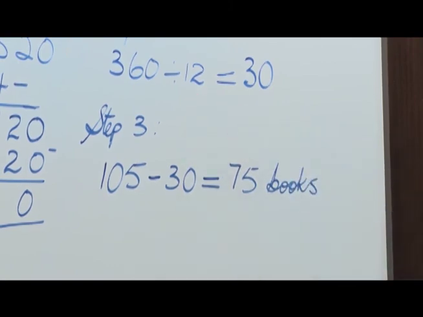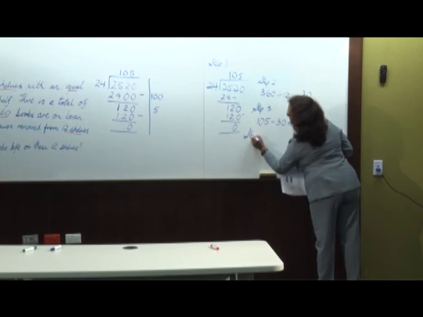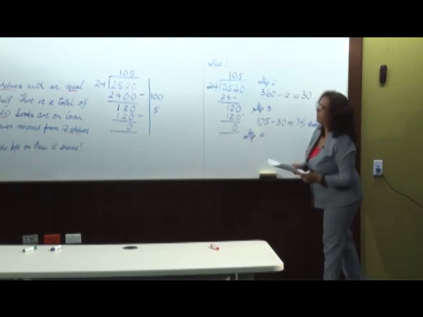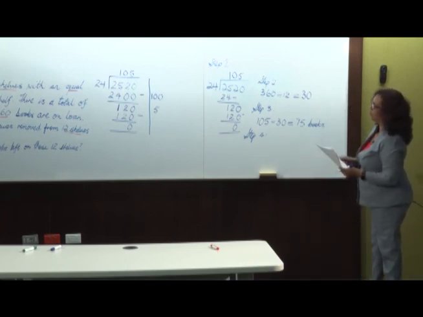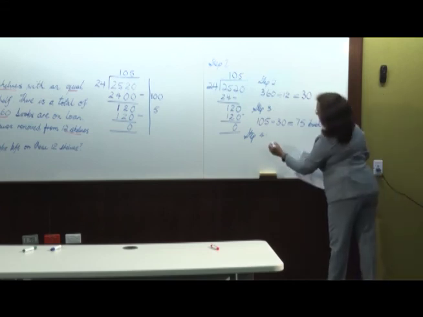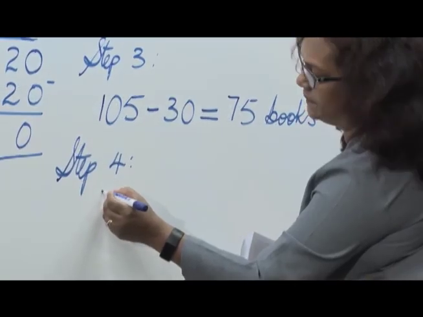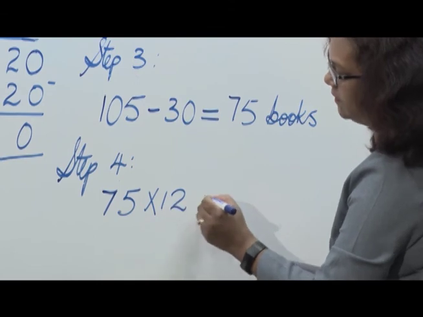And my final step, step 4: what I'm being asked in the question is the total number of books on all 12 shelves. And I can now find that out. I can multiply 75 by 12.